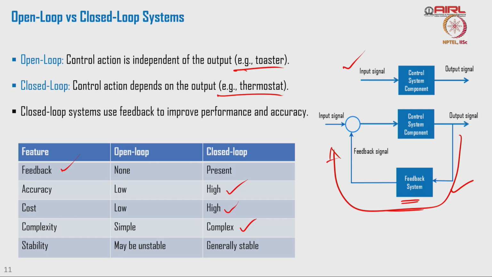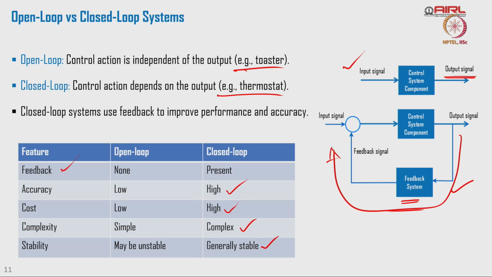We will come to these concepts of bounded input, bounded output signal, and stability later. What I want to conclude here is that for open loop, since there is no controlling mechanism and no option, whatever output we get we have to accept it. It might not be unstable, but the stability can be improved by using the closed loop system.